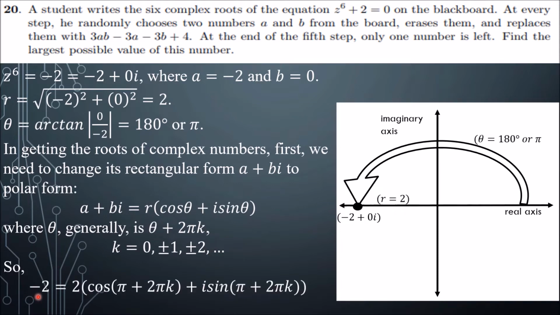So negative 2 is equal to 2 times cosine of pi plus 2 pi k, because theta is pi and r, the modulus, is 2, plus i sine of pi plus 2 pi k. So negative 2 is in rectangular form. This one here is the polar form.